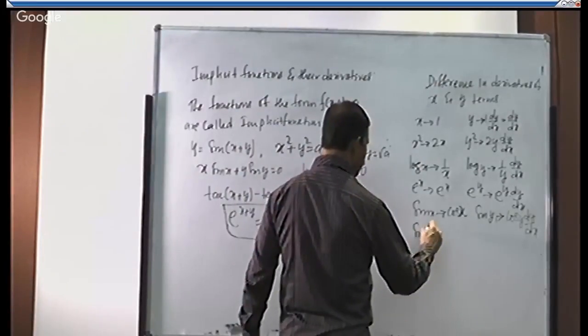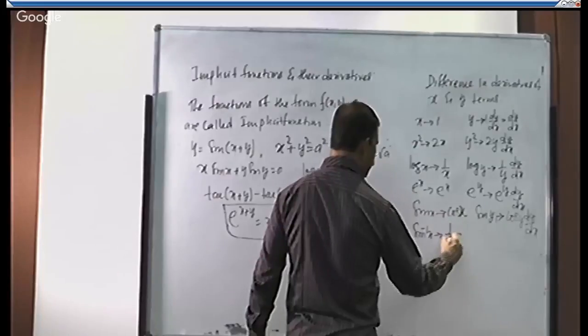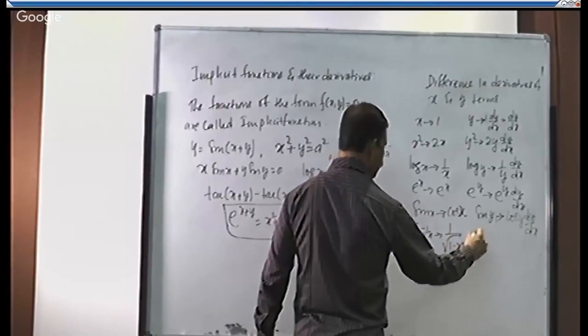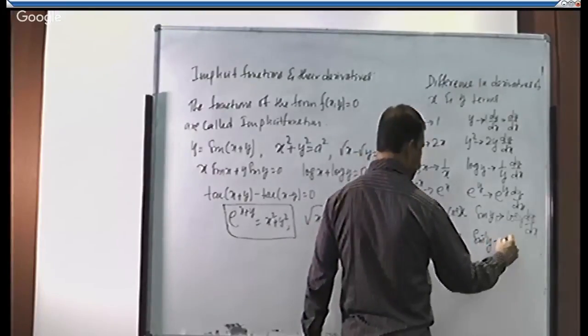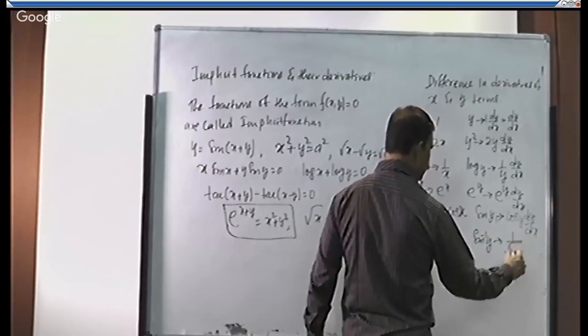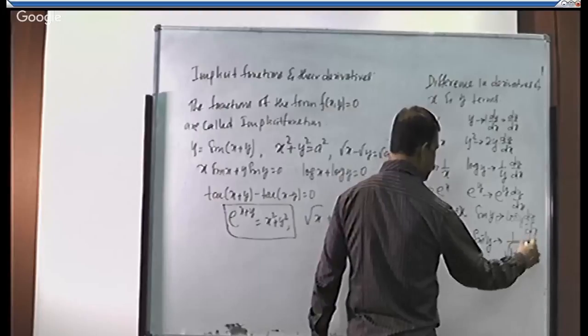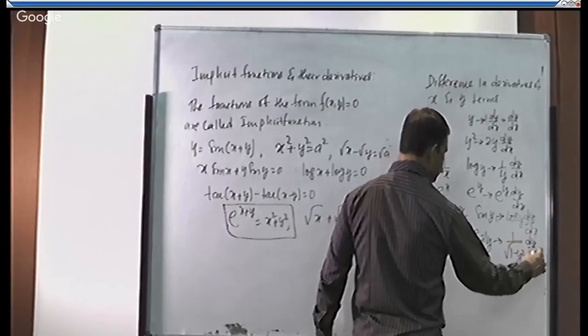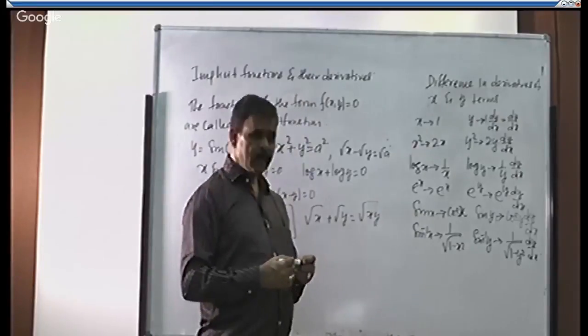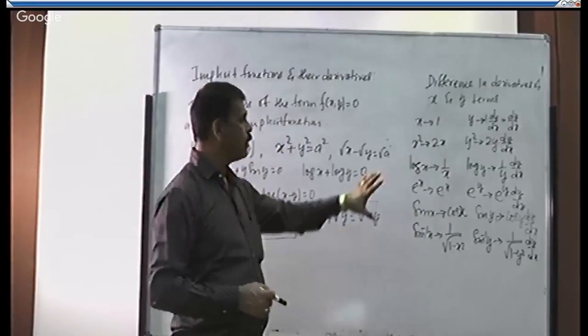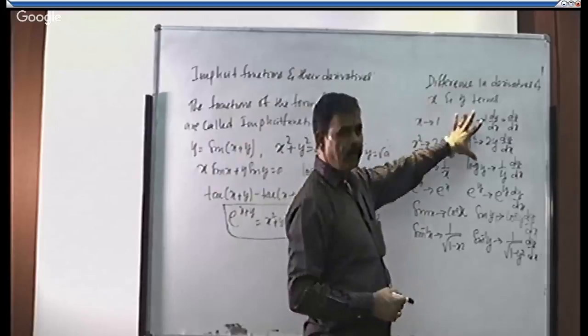For sin inverse x, we will take it as 1 by root of 1 minus x square. For sin inverse y, what to take? It is taken as 1 by root of 1 minus y square into dy by dx. I think you got the difference of taking derivatives of x term and y term.